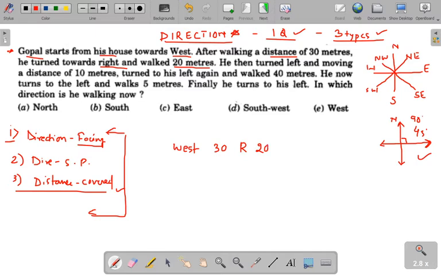He then turned left and moving a distance of 10 meters, turned to his left again and walked 40 meters. He now turns to the left and walks 5 meters. Finally, he turns to his left. The question is, in which direction is he walking now?